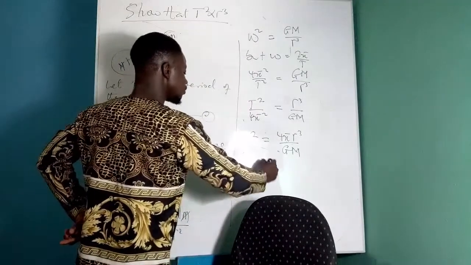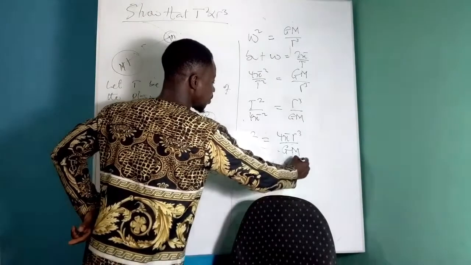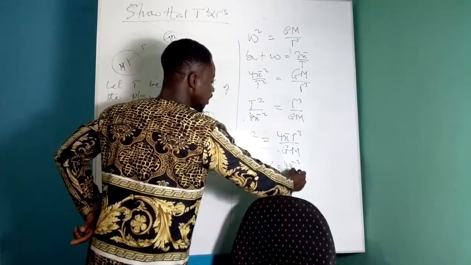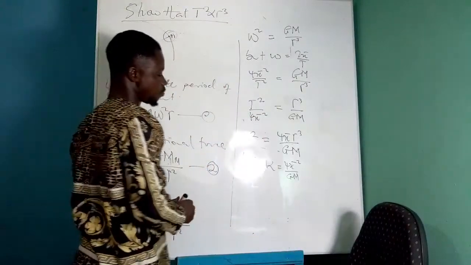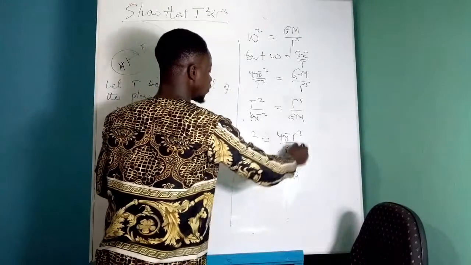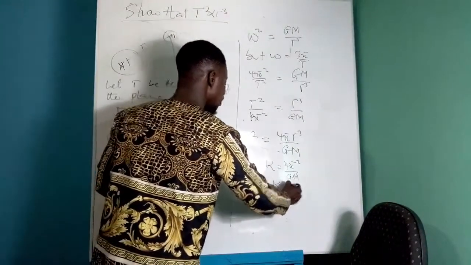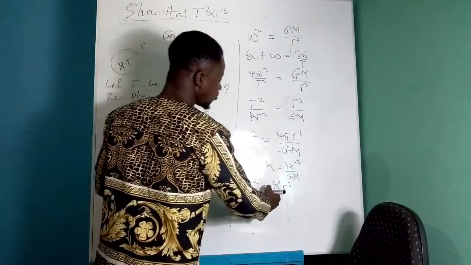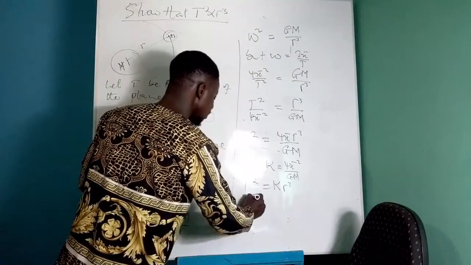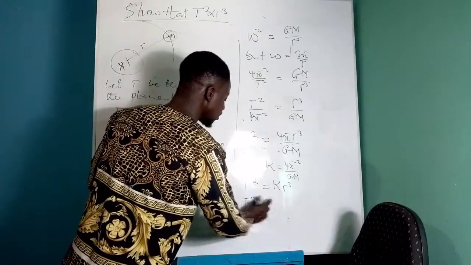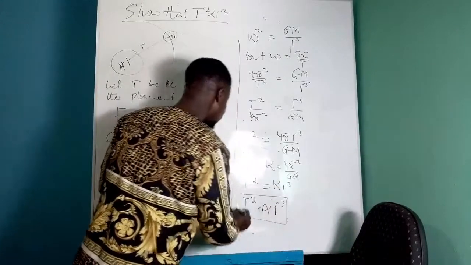So we say let k represent 4 pi squared over GM. So in place of the whole of this, I put k to get T squared is equal to k r cubed. When I remove the proportionality constant, I introduce a proportionality sign. T squared is proportional to r cubed.